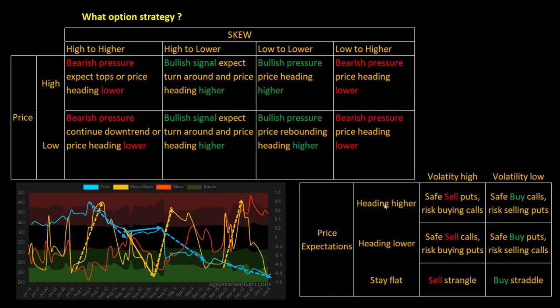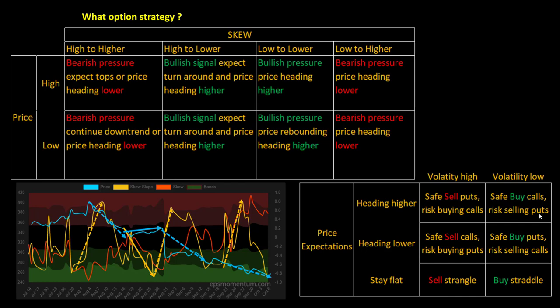Heading higher means it's in these two configurations: high to low, or low to higher, so the skew is changing direction. In this case, you would buy some calls. That's safe to do. Vol is cheap, you expect price to go higher, and so that's pretty good.